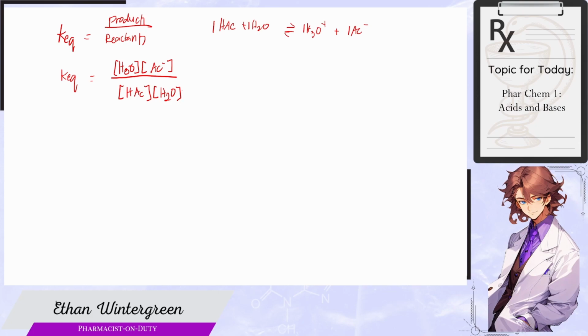So this is the equilibrium expression for our KEQ of acetic acid in water when it reaches equilibrium. So acetic acid, when placed in water, would ionize into hydronium ions and acetate ions. Now, an interesting thing here is the concentration of water.